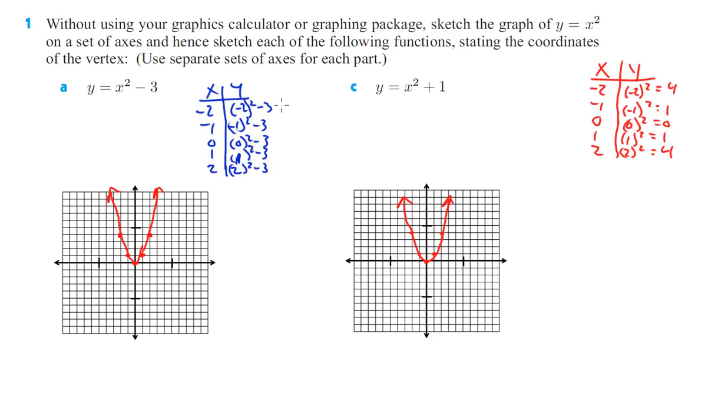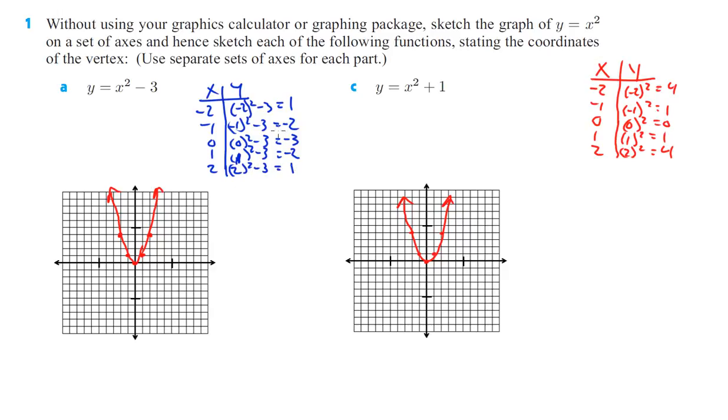So -2 squared is 4, minus 3 is 1. -1 squared is 1, minus 3 is -2. 0 squared is 0, minus 3 is -3. 1 squared is 1, minus 3 is -2, and 2 squared is 4, minus 3 gives us 1.